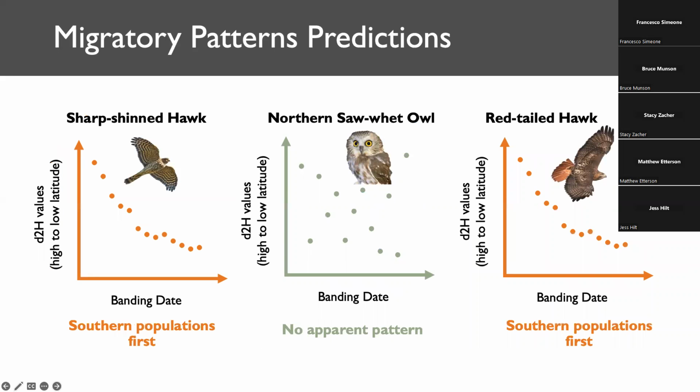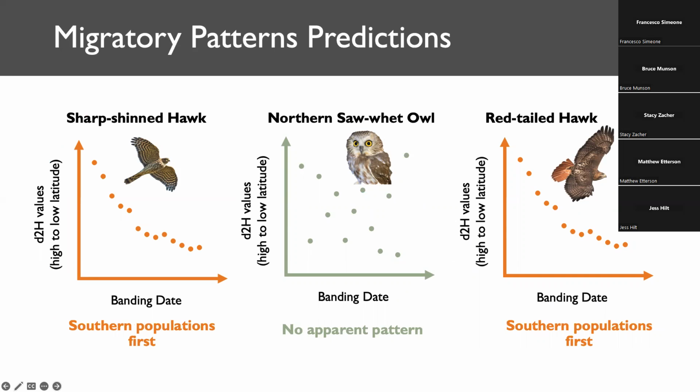We predicted that both sharp-shinned hawks and red-tailed hawks would have more southern populations banded first. This is due to patterns that are observed in other parts of North America and what we can also observe morphologically of these species.